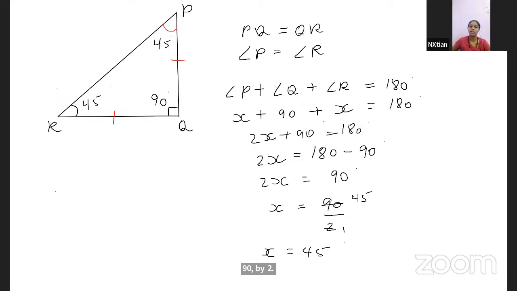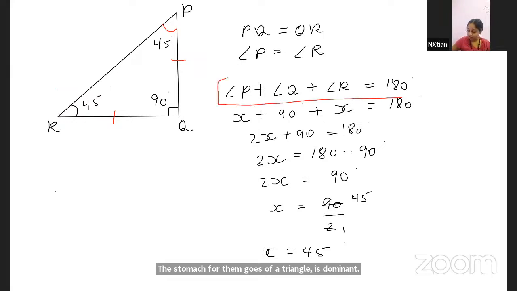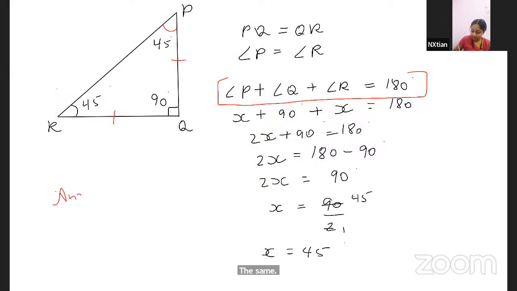This is a property of triangles. When you are adding all the angles of a triangle, the sum of all the angles of a triangle is 180 degrees. This is known as the angle sum property.